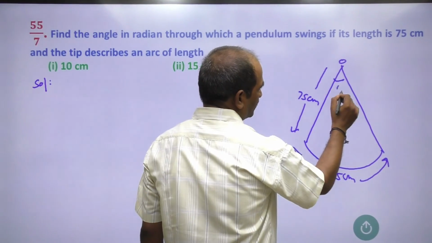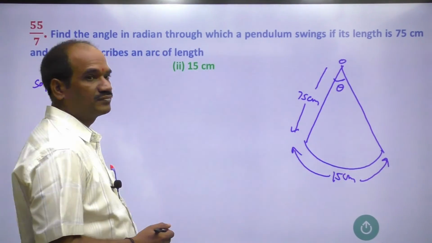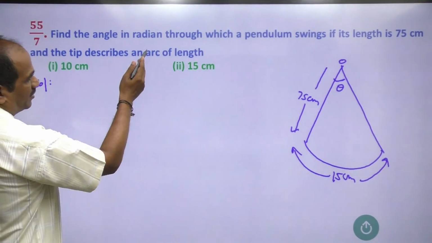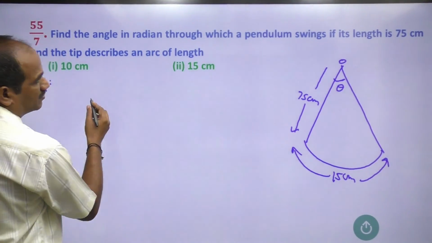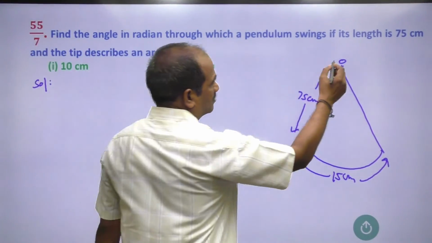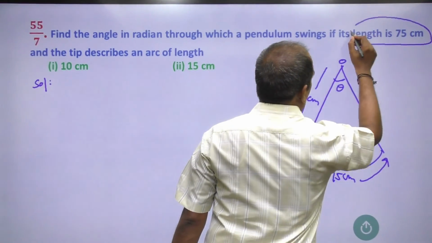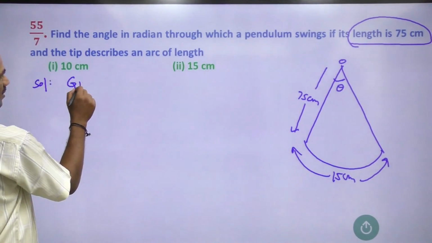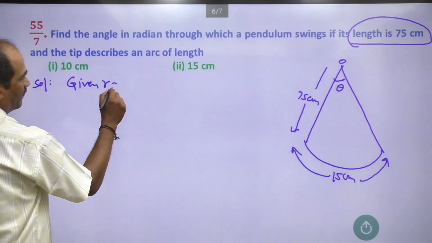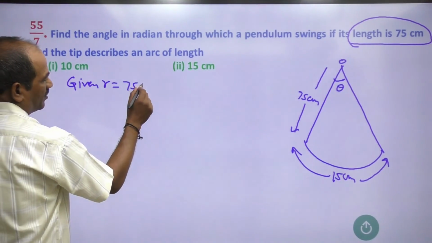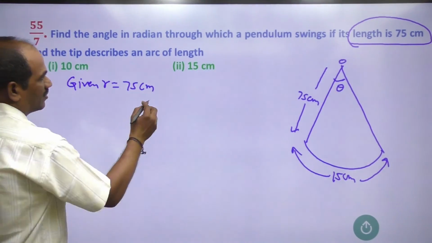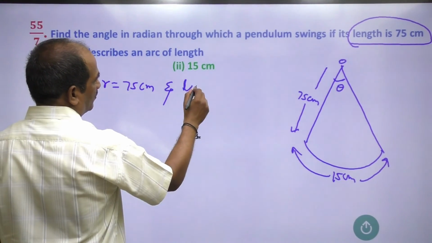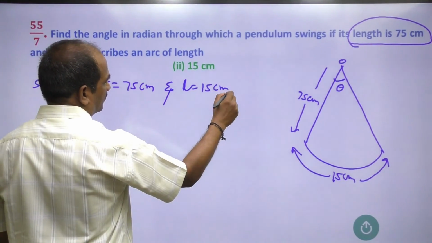So we calculate this theta value. First, find the angle in radians. The radius r, from the given data, is 75 centimeters, and L is equal to 15 centimeters.